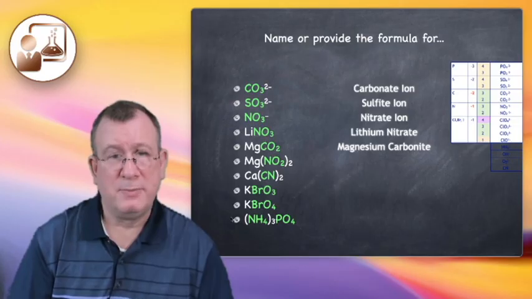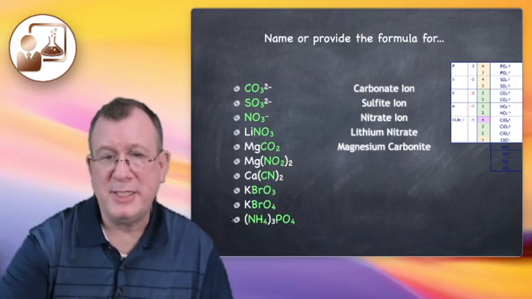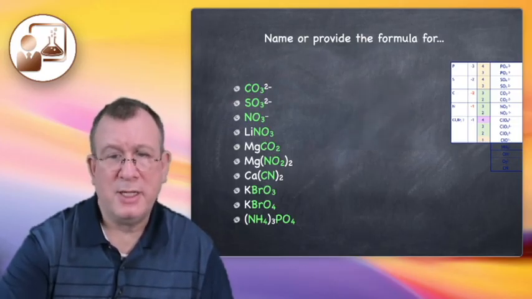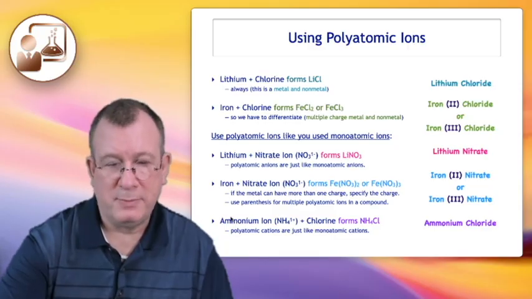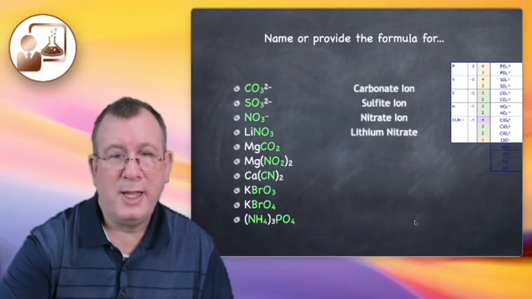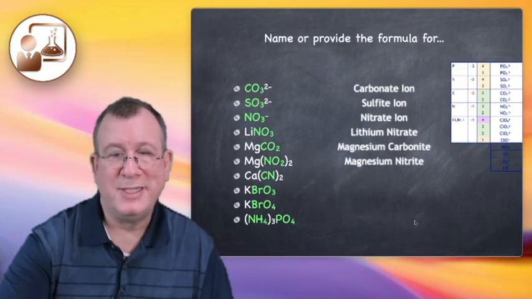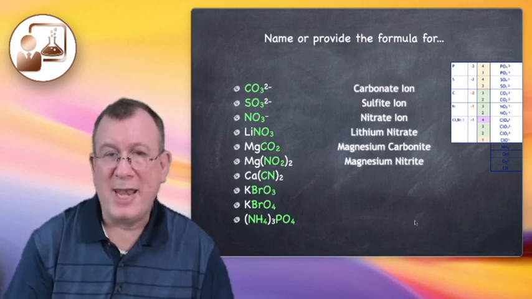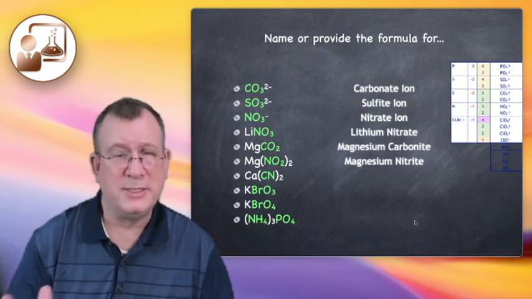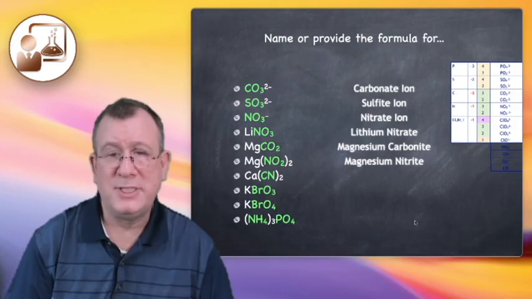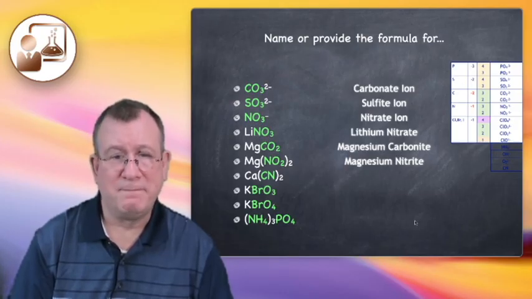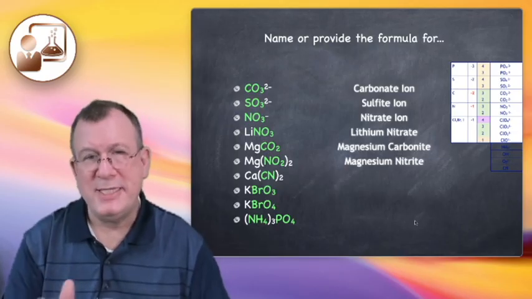So does nitrite. So we don't call this magnesium dinitrite. It's just magnesium nitrite. And it would be wrong if you said magnesium 2 nitrite or if you said magnesium dinitrite. Never over specify.